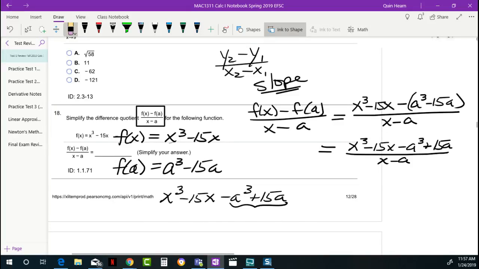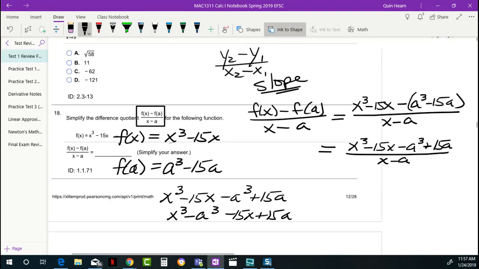I noticed that if I put the 15x and 15a together, that could result in an x minus a being left behind when I take out a negative 15. And then also x cubed minus a cubed, that's a difference of cubes, which can actually be factored.